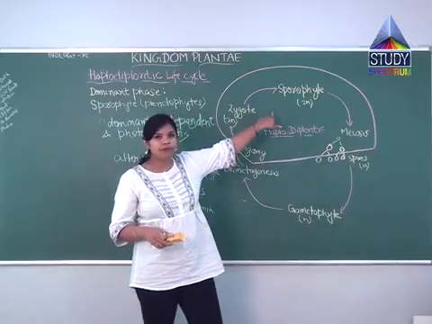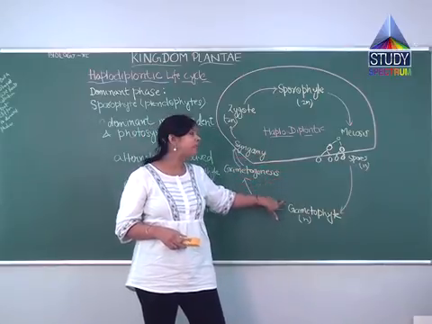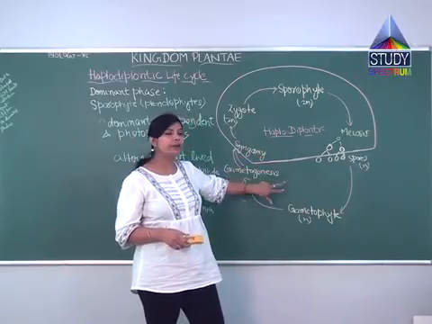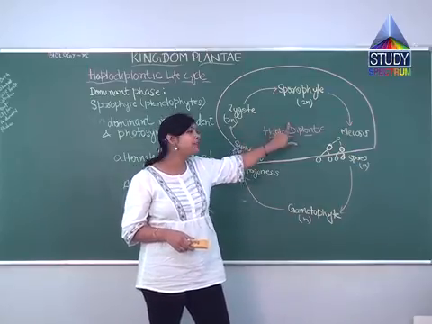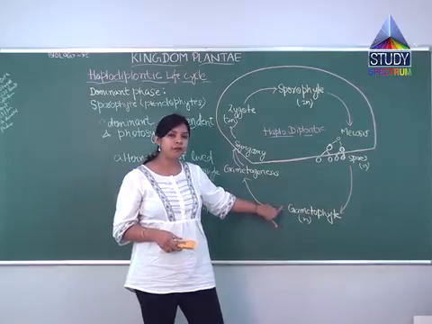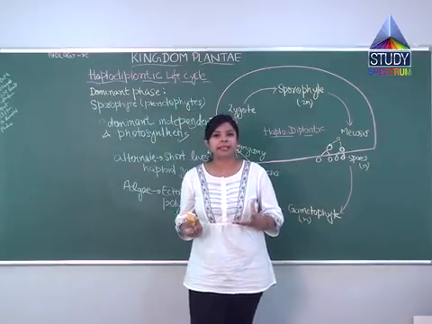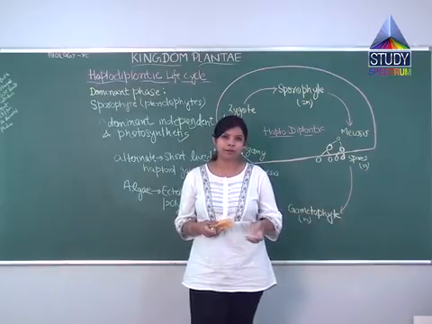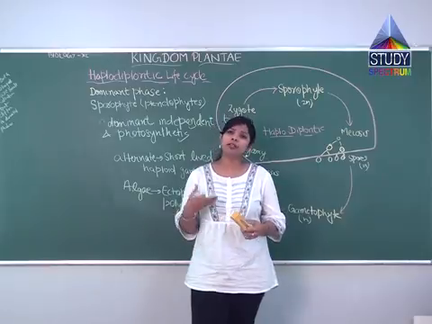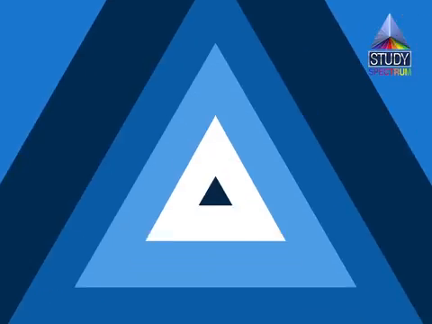They show a haplodiplontic life cycle, so both the stages are independent, but the main plant body is the sporophyte, which is long-lived. Examples can be Lycopodium, Nephrolepis, and we can also take the example of Equisetum.